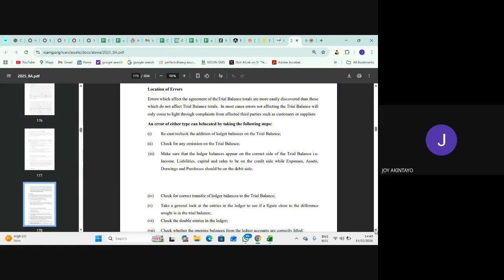Then check for the correct transfer of ledger balances to the trial balance. You check for the correct ledger balances that are being transferred into your trial balance. Are we together?